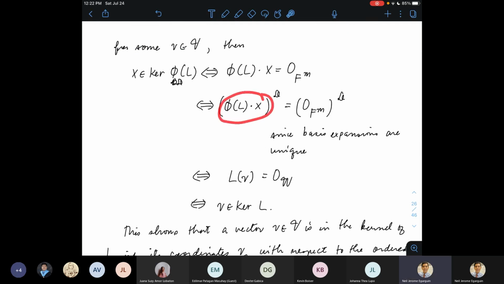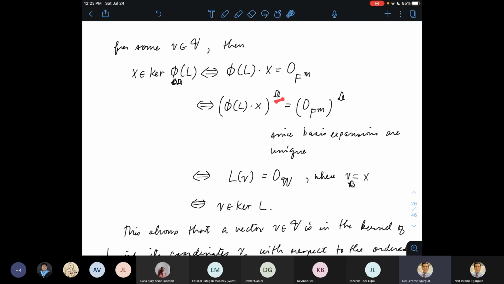But this guy is exactly L of V, for some vector V, where V_B is equal to X. See, X, yung coordinates ni V with respect to the ordered basis B. So this guy reduces to L of V.